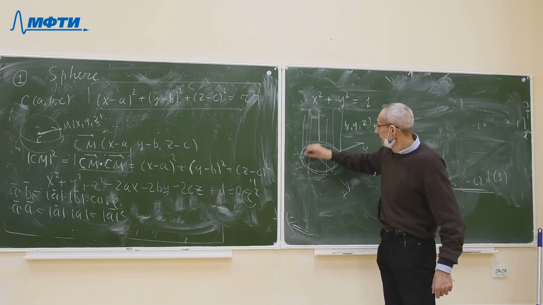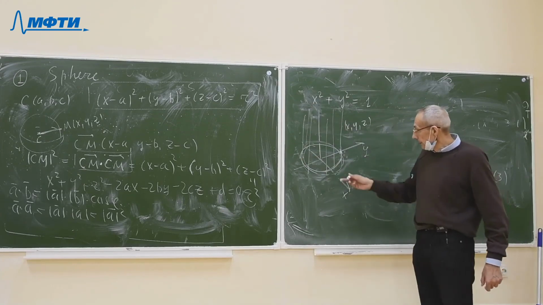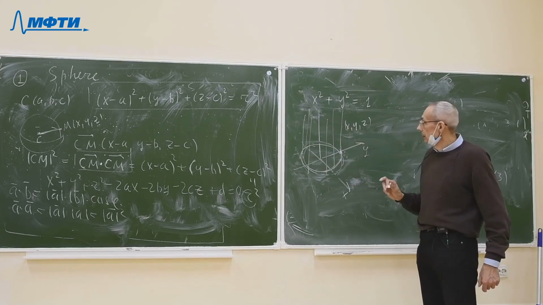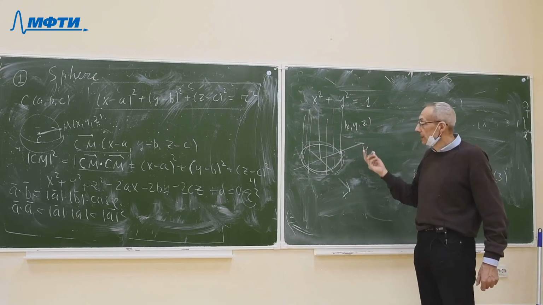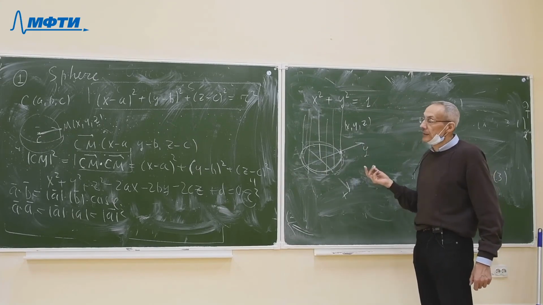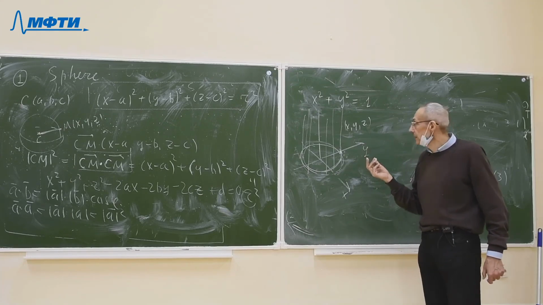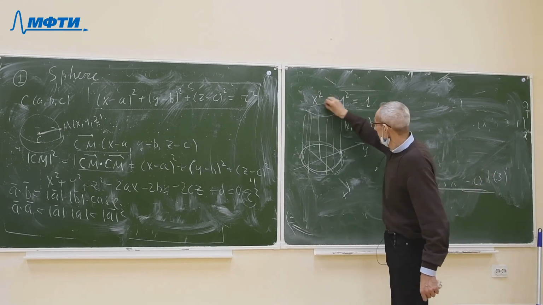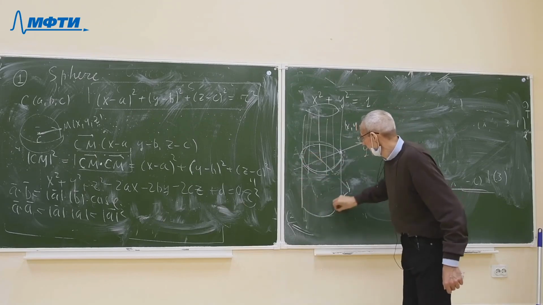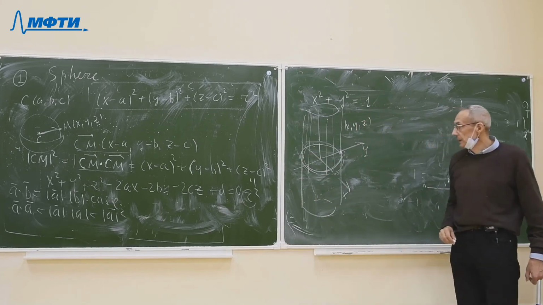So if some point belongs to our surface, the point with the same x, y and arbitrary z also belongs to it. And we obtain the surface which is called a cylinder.